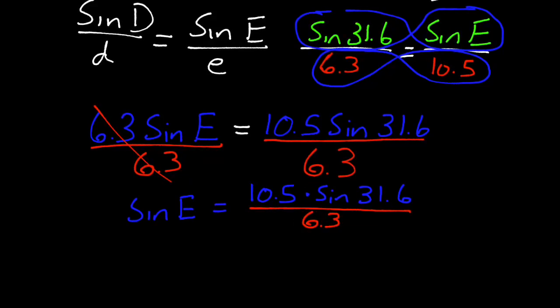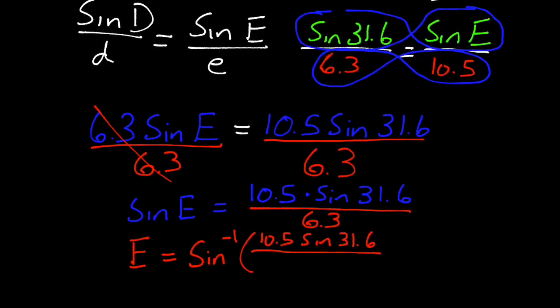And then we can use inverse sine. So angle E is equal to the inverse sine of all of this, 10.5 sine of 31.6, all divided by 6.3. That's what we're going to type into our calculator.